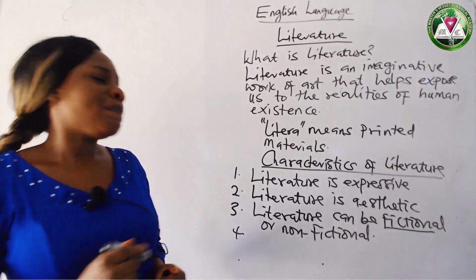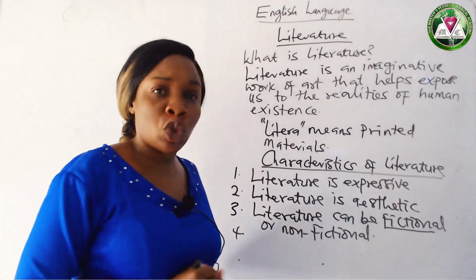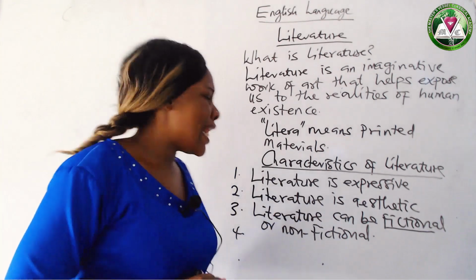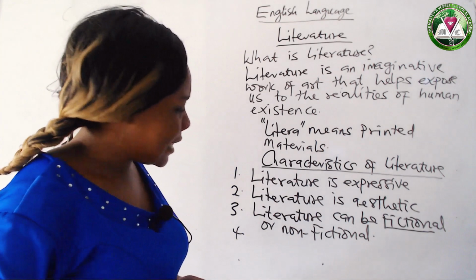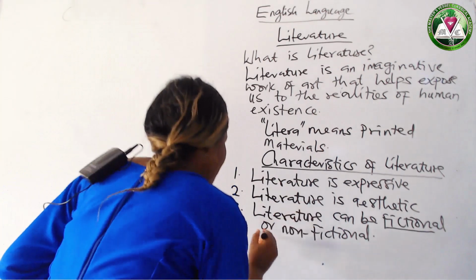All right. Then the fourth one is that literature is imaginative.